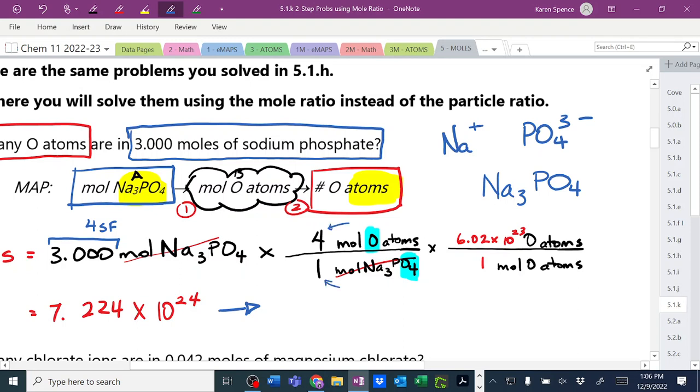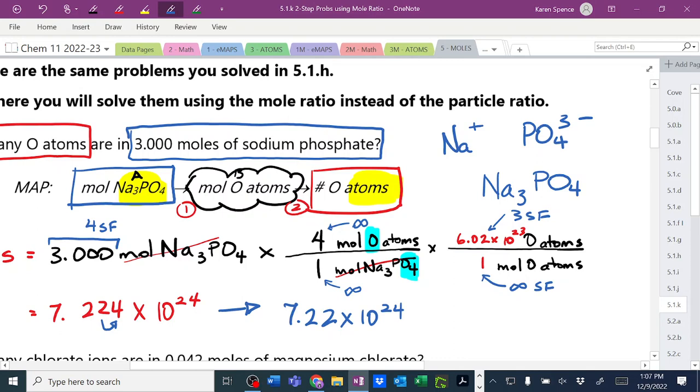Those are infinite. And how about in 6.02 times 10 to the 23? 3 sig figs. And how about in this 1 mole? That is infinite. So we want 3 sig figs in our final answer, 7.2. Let's look to the right. That is smaller than 5, so it's 7.22 times 10 to the 24.